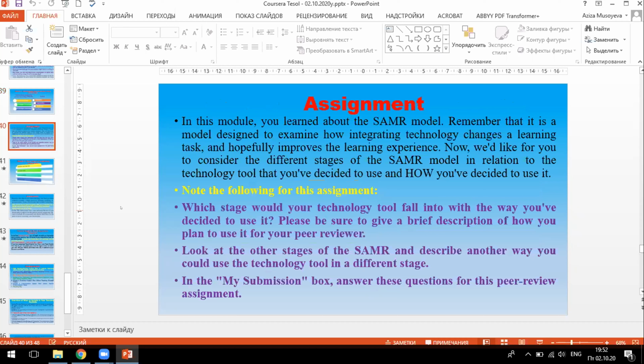and they ask you to please write down a brief description of how you want to use it. And you need to say it because your peer reviewer will read this as well. And look at the other stages of SAMR and describe another way you could use the technology tool in different stages.